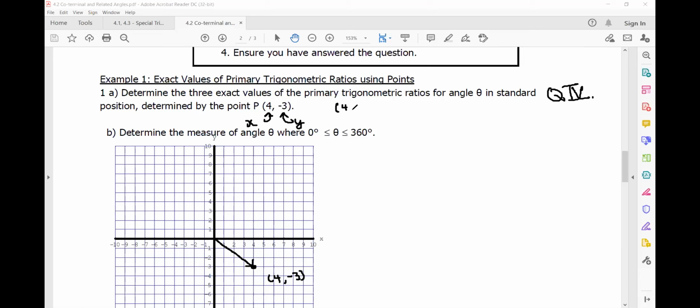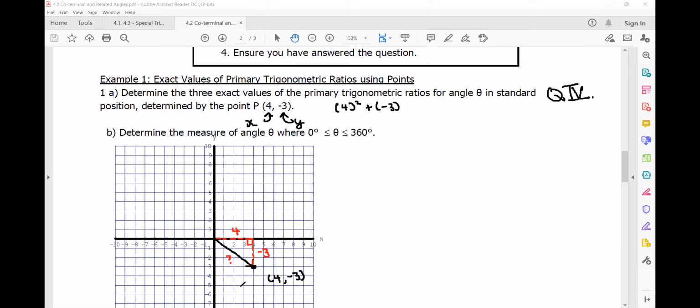So 4 squared plus negative 3. Oh, I'll stop right there. The reason why I'm doing Pythagorean theorem, in case you missed it, is because I can pretend that a point of 4, negative 3 creates a right angle triangle with base 4 and a height of negative 3.